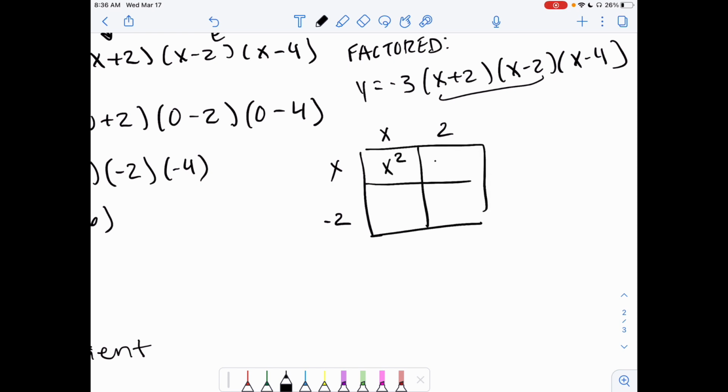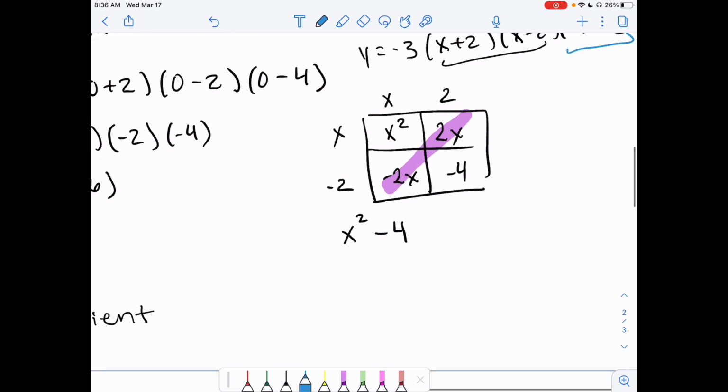Fill in the boxes with multiplication. Combine my like terms. So I have x squared. No middle term because those cancel out. Now let's bring in my third term over here.